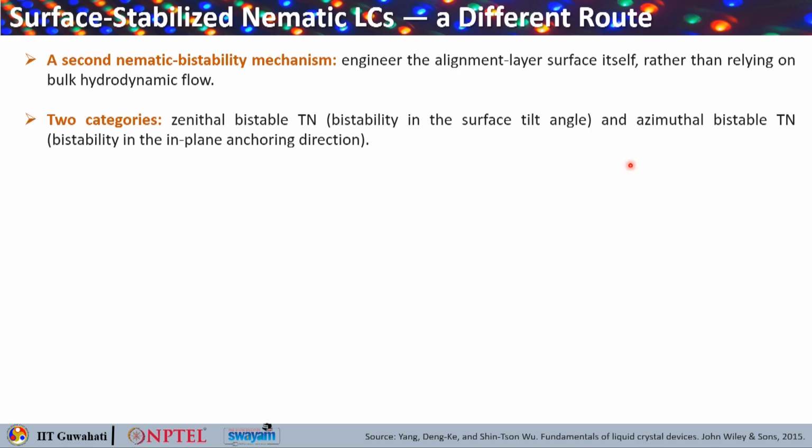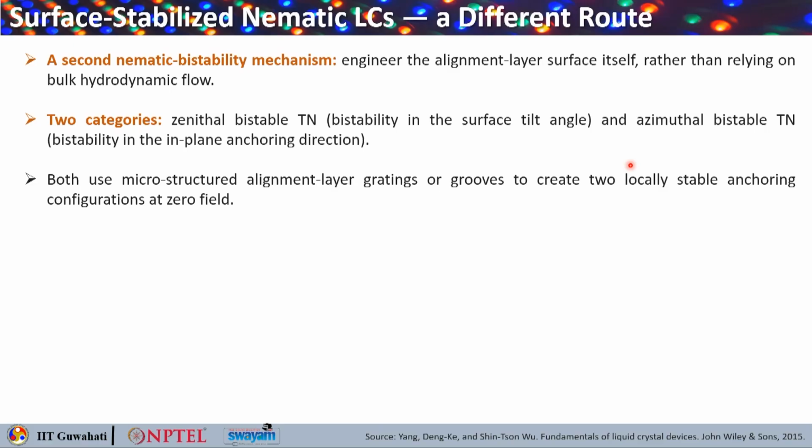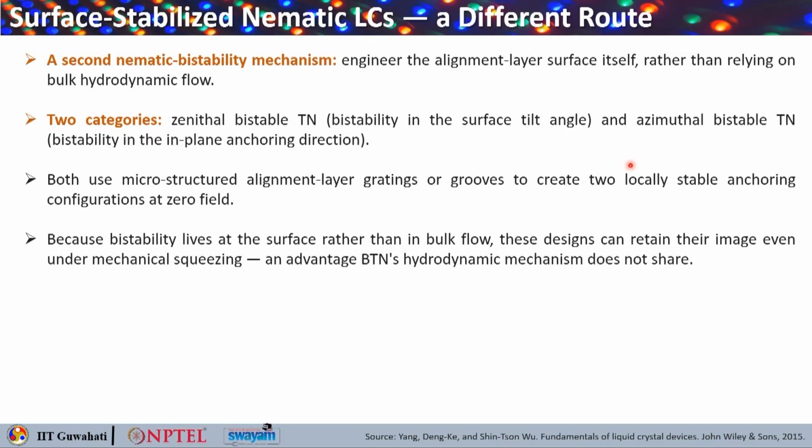One is zenithal bistable twisted nematic. Here the bistability is in the surface tilt angle, and there is azimuthal bistable twisted nematic where the bistability is in the in plane anchoring direction. So both of these use micro structured alignment layer gratings or grooves to create two locally stable anchoring configurations at zero field.